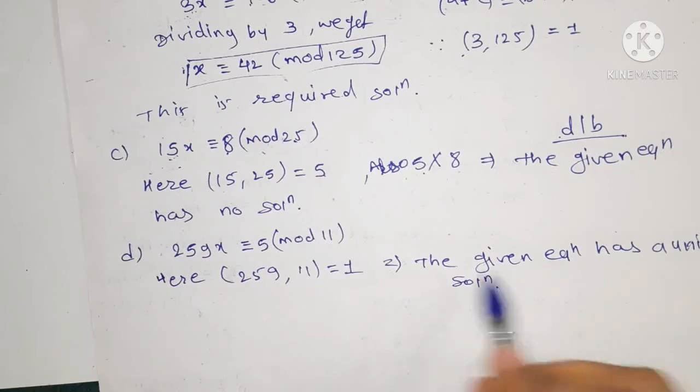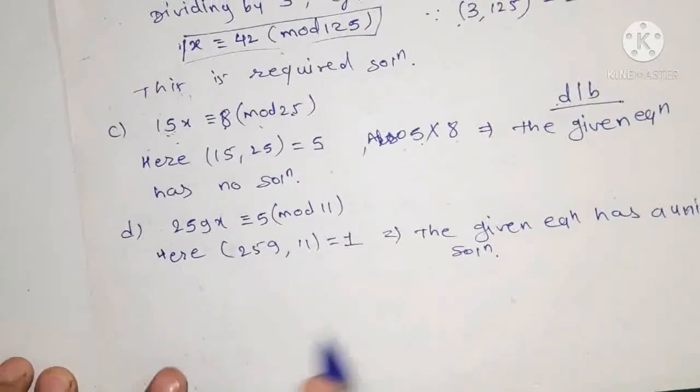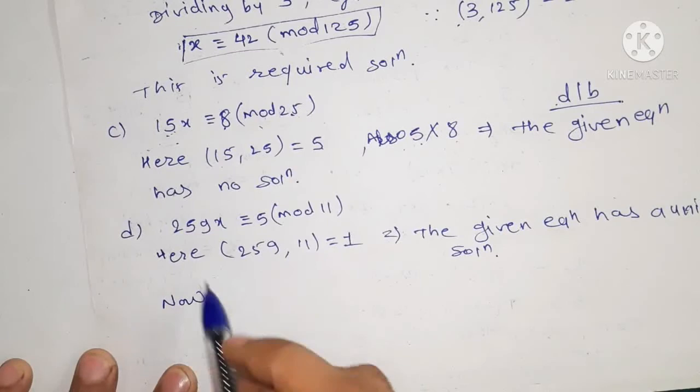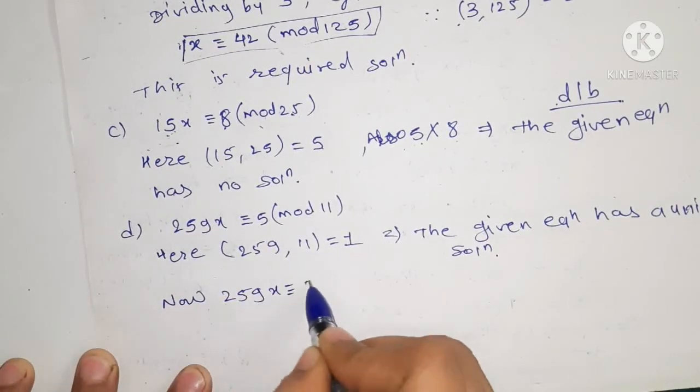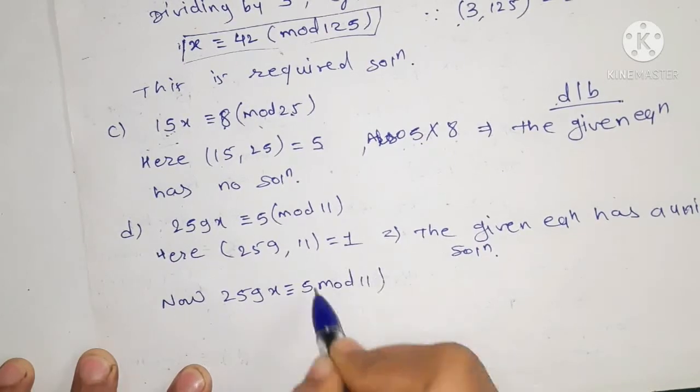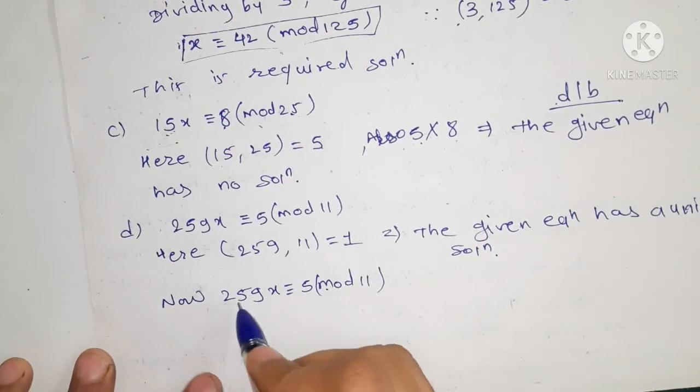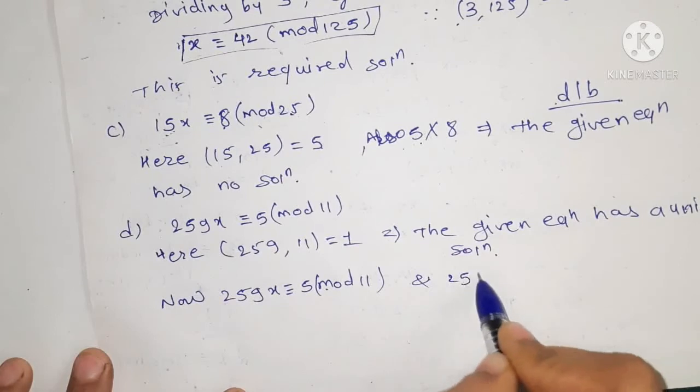Now our given equation is 259x is congruent to 5 modulo 11, and we know the number which is near to 259, that is 253.